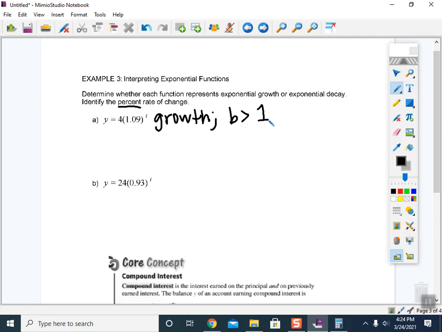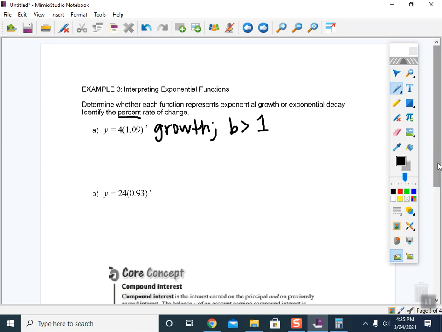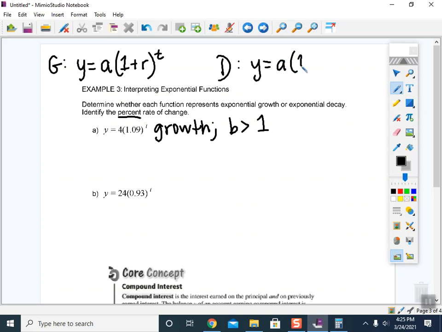Then we want to know what is the percent rate of change. If we're talking about a growth function, we would have y equals a times 1 plus r to the t. If we're dealing with decay, we have y equals a times 1 minus r to the t. The way that I get this 1.09 is I add these two things together.